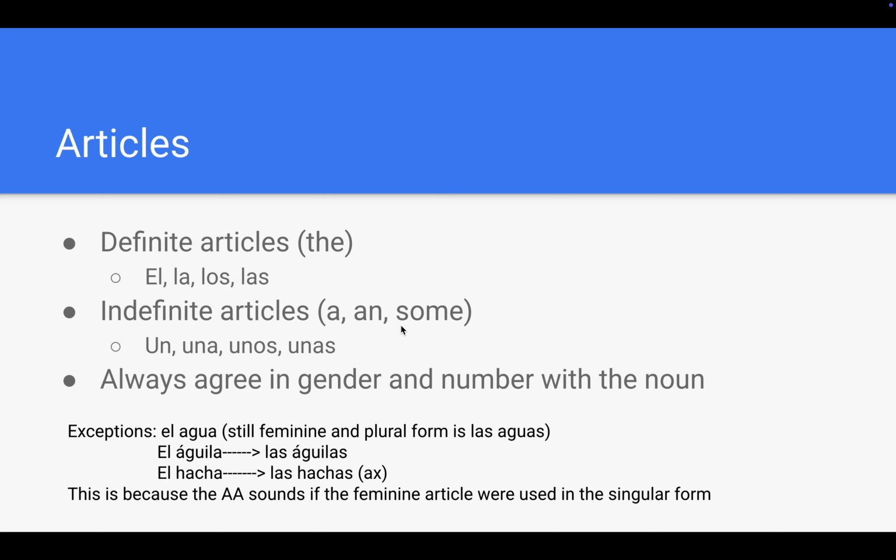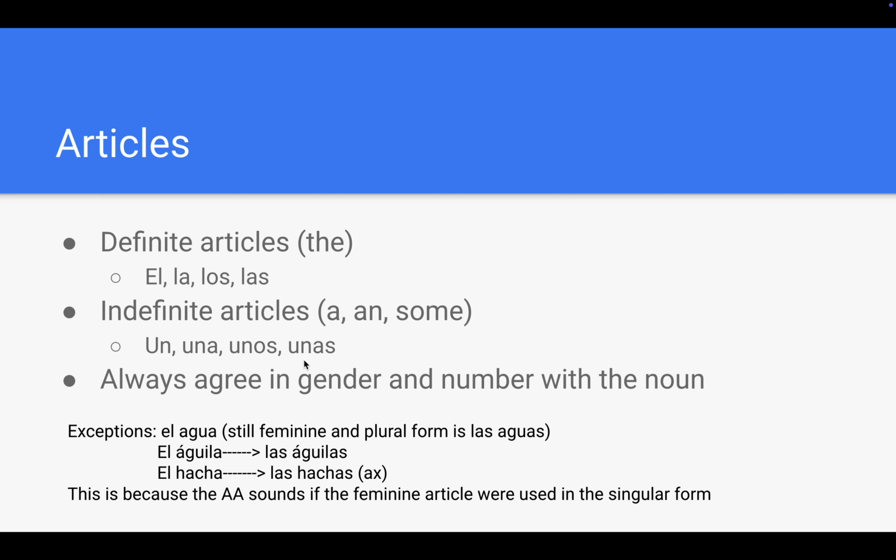The indefinite masculine singular article is un. That just means a, like un chico, a boy. The feminine version of that, una chica, now it's a girl. And then because we can't make a plural, that's not a thing. The plural version of these articles is some. So unos chicos, that's some boys or some kids.